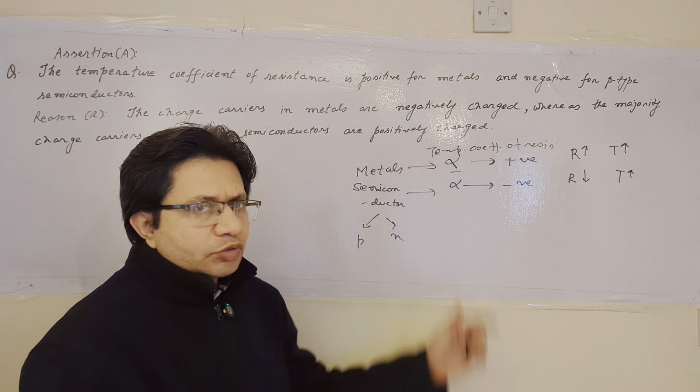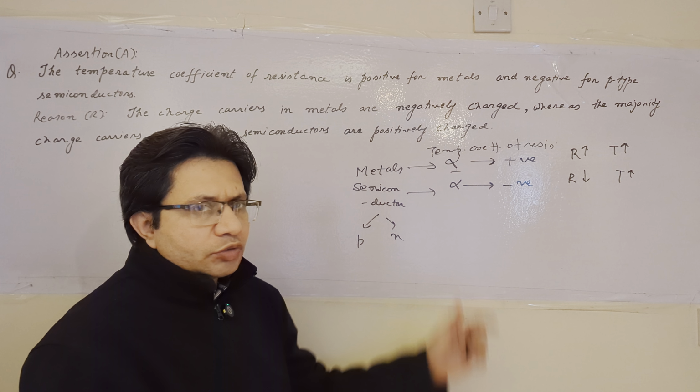So the movement is obstructed. That's why the resistance increases. The main reason is this: as the temperature increases for metals, the ionic vibration increases, and it hinders the movement of electrons. That's why there is a reduction in current, which means an increase in resistance.